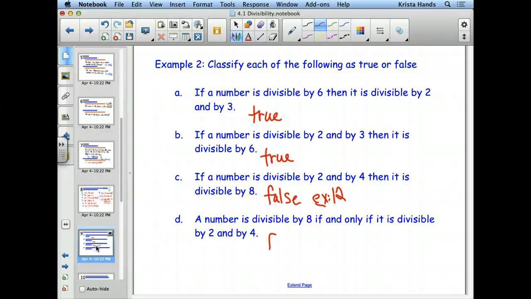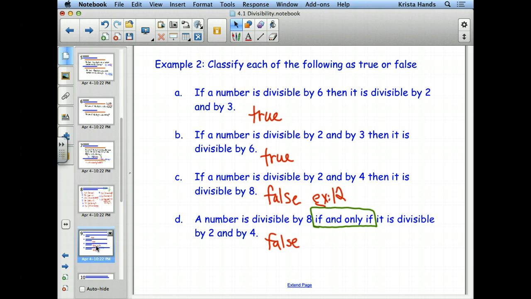On this one, that if and only if language is coming into play, which means we have to be able to start on the left and go forward, and we have to be able to start on the right and go backward. If we start on the left and go forward, this actually works. If a number is divisible by 8, it is divisible by 2 and 4. That's true.